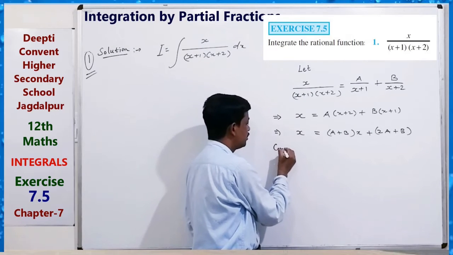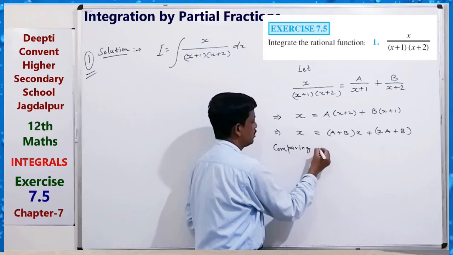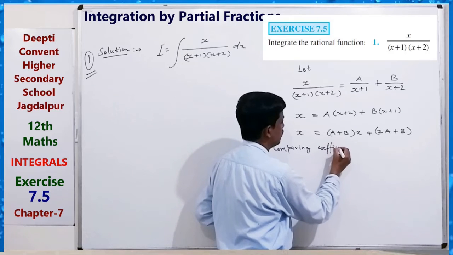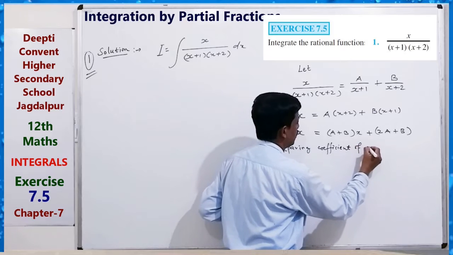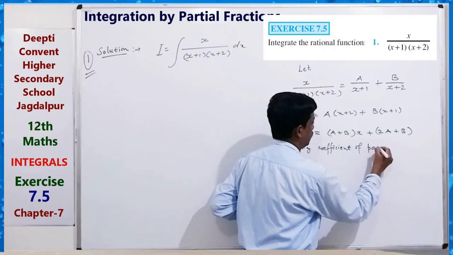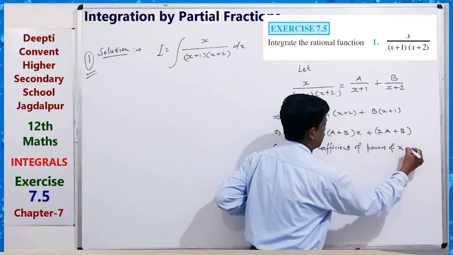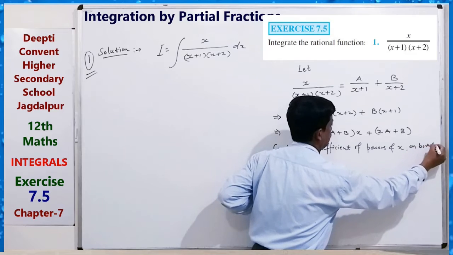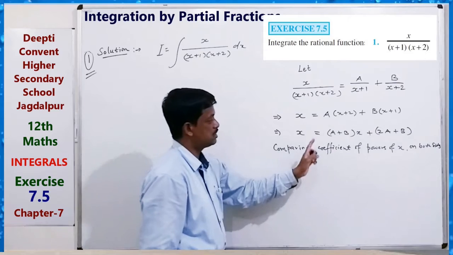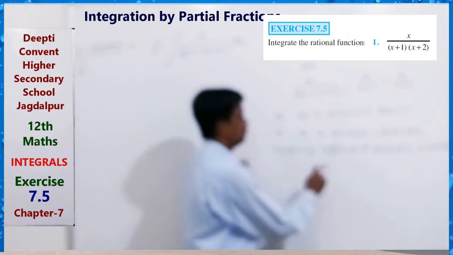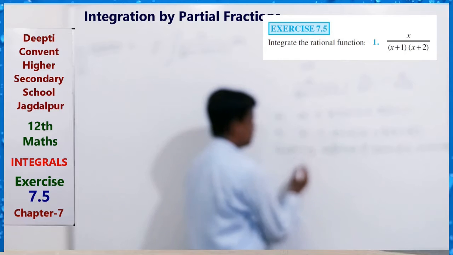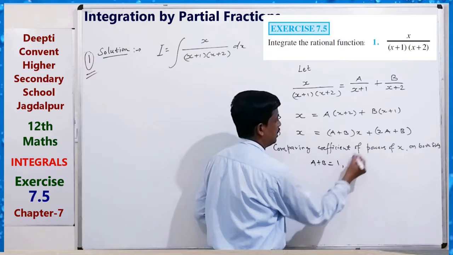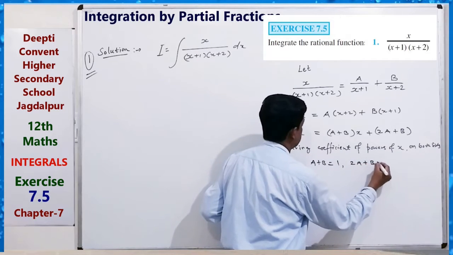Comparing coefficients of powers of x on both sides, that is the x to the power 1 coefficient, A plus B equals what? 1, and the constant term on the right side, on the left side is 0.